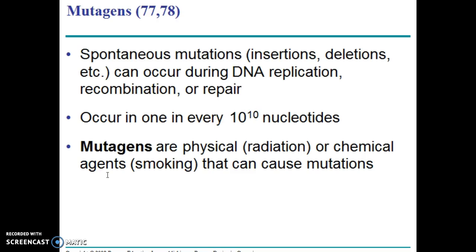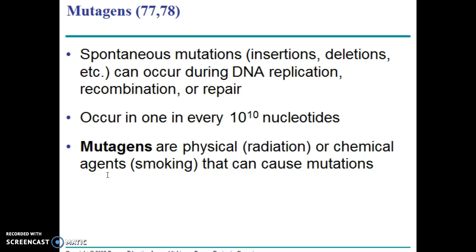Sure. We talked about the repair mechanisms previously, but there's going to be an incredibly more common error, so to speak, as a result of these analogs being in there. Certainly more errors leads to more mistakes that could be overlooked, causing permanent changes within our genome, within our DNA.